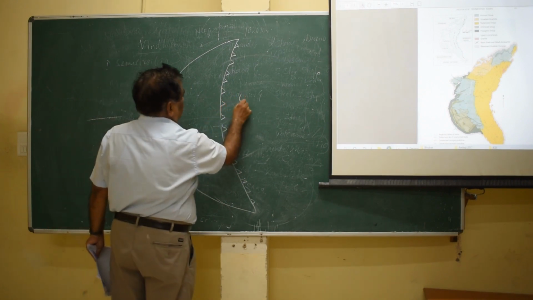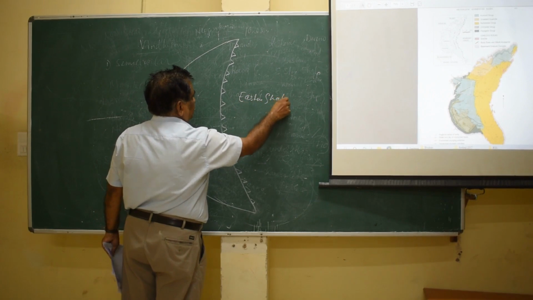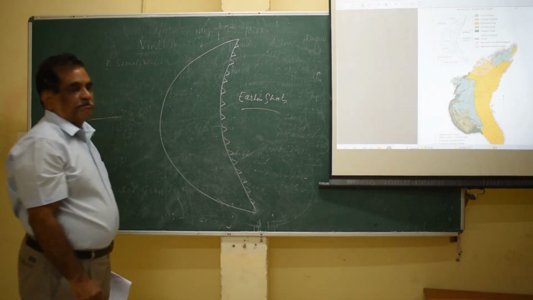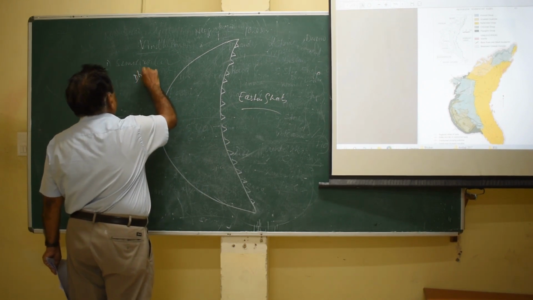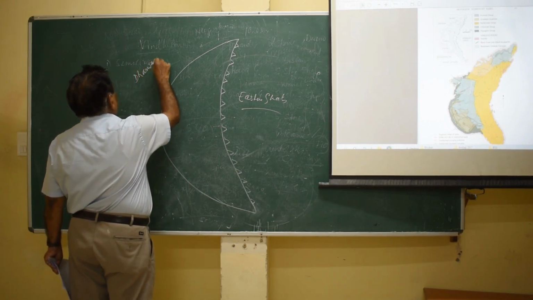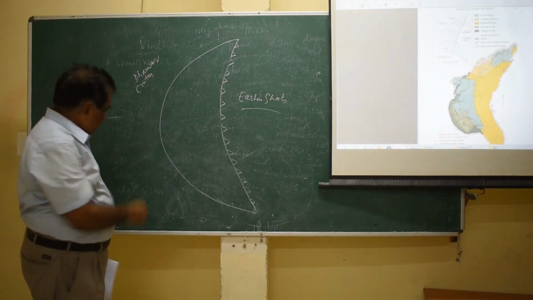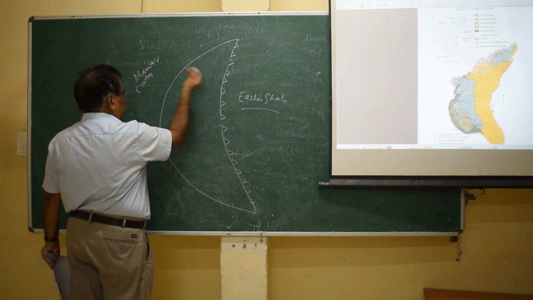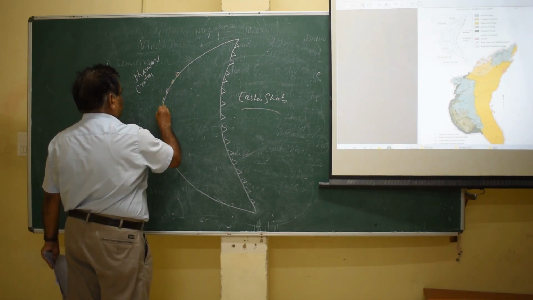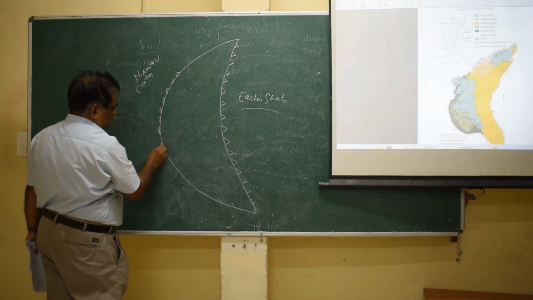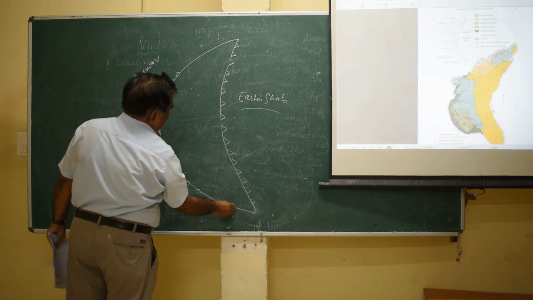This side is your Eastern Ghats. The other side is your Dharwar craton. Here it is mostly conformable, there is no thrust, but there is an unconformity. Here you will find the unconformity, like this. Unconformity.